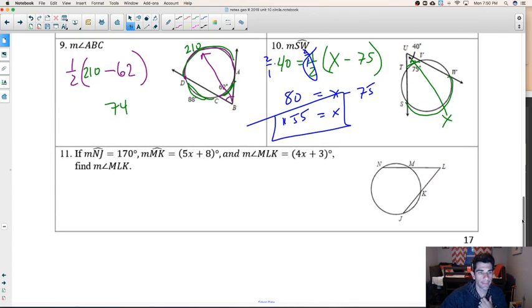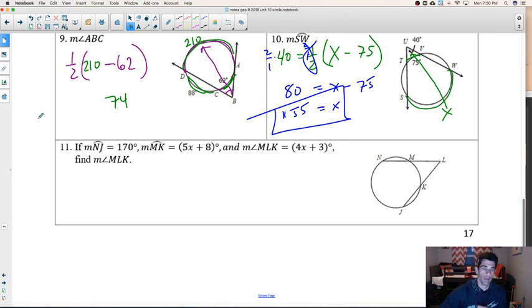Let's see. Last one. Let's write it out. Arc NJ is 170. That's this big guy over here, 170. Arc MK is 5x plus 8. And angle MLK, that's right here, that's going to be 4x plus 3.